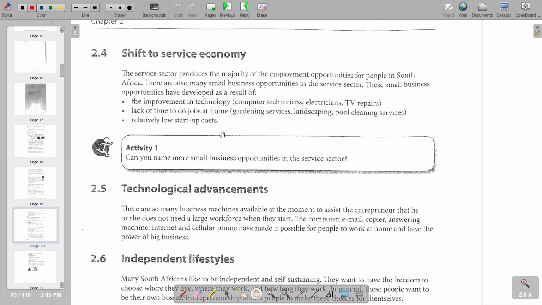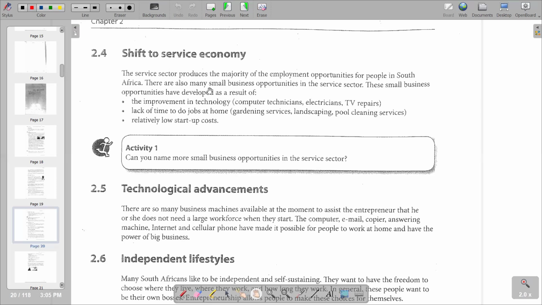We are given examples of service businesses, whereby we've got computer technicians, electricians, TV repairs, salons. They are also part of our service businesses. You'll see that that sector is growing at a very high rate, which is obviously driven by entrepreneurs. So that's why we have small businesses that are increasingly operating in the economy.